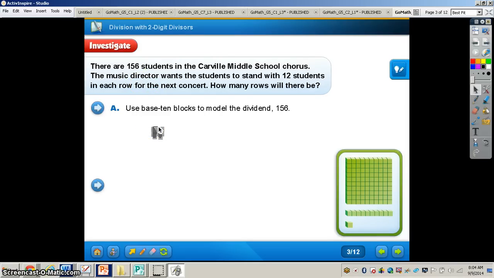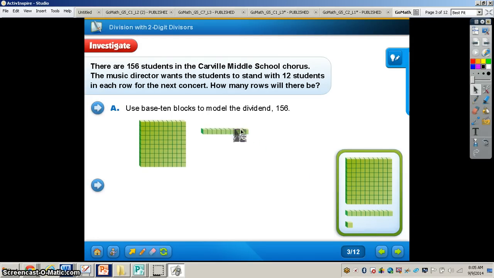That poor chorus teacher. So the first thing we need to do is get the base 10 blocks and represent 156. Now we know that 1 right here equals 100. Okay, we know each of these represents 10. So that's 110, 120, 130, 140, 150, and then we need 156, so 6 ones.